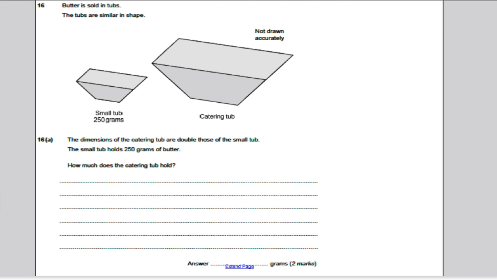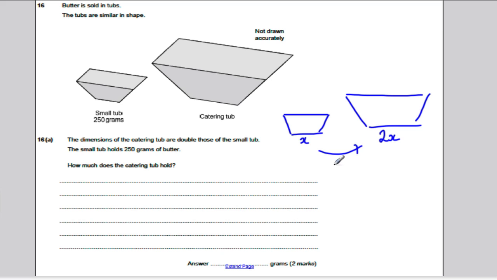Now, the dimensions are the lengths. So the lengths of the small tub, I'm just going to take the small tub like this. The length of the small tub is half that of the bigger tub. If this is length x, then the other one would have length 2x. So the scale factor to get you from the lengths is timesing by 2.